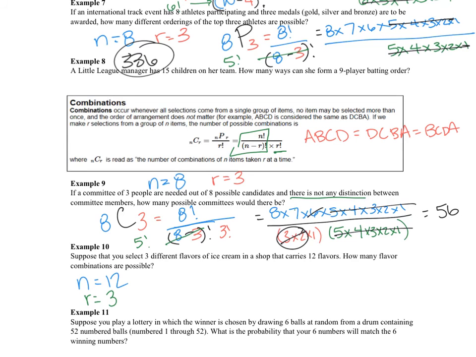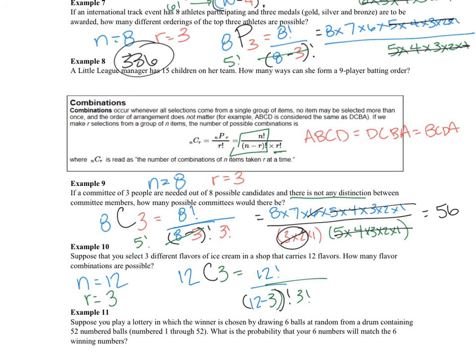So when I do this, it'll be 12C3, or 12 choose 3. And so again, that would be 12 factorial over 12 minus 3 factorial times 3 factorial.